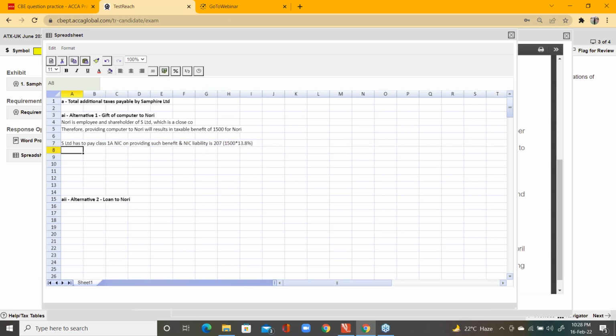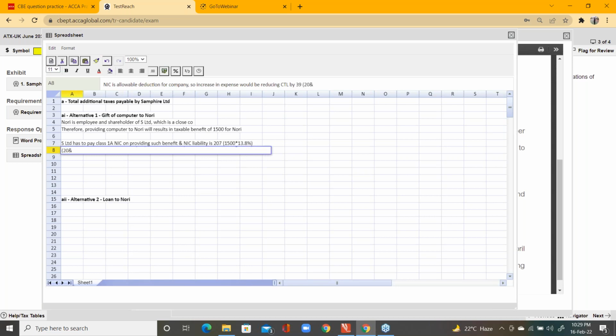By the way, adding another point, NIC is an allowable deduction for the company. So the increase in expense would reduce the corporation tax liability by 39 only. How?